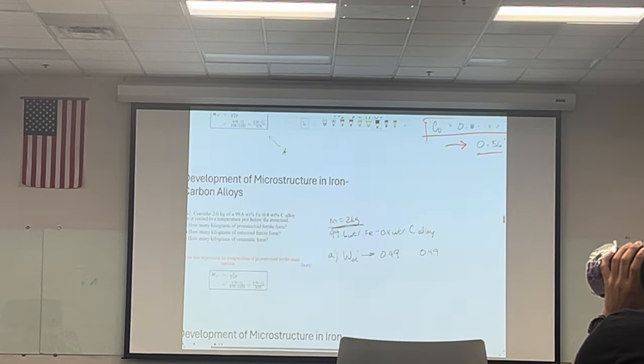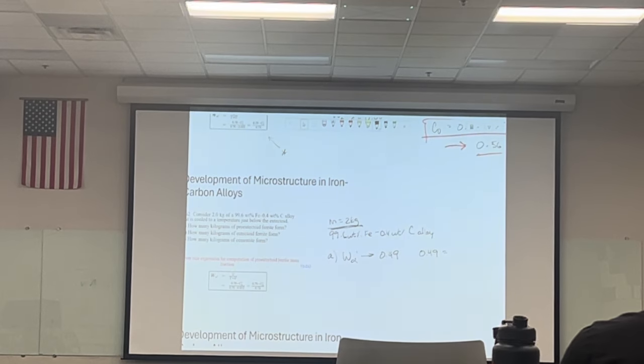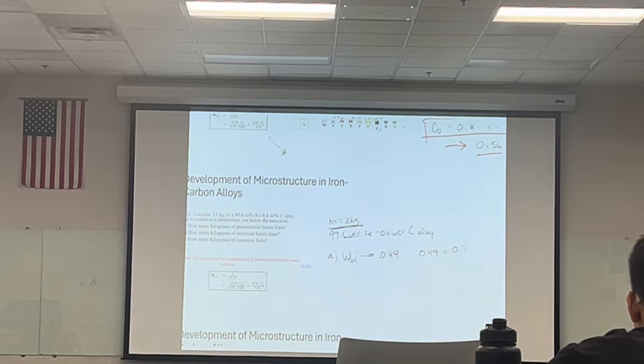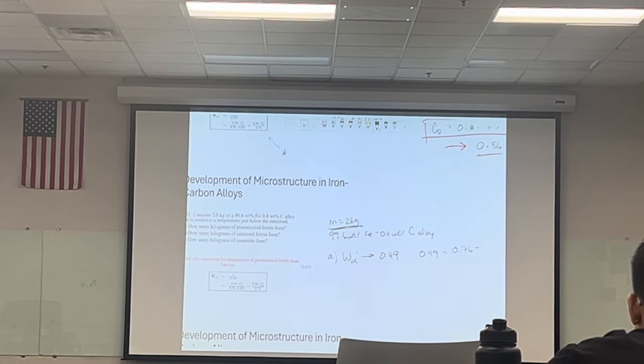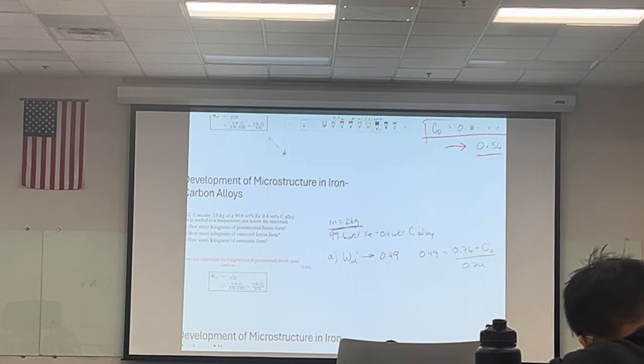that 0.49 is equal to 0.76 minus the C naught prime over 0.74. So essentially this right here.